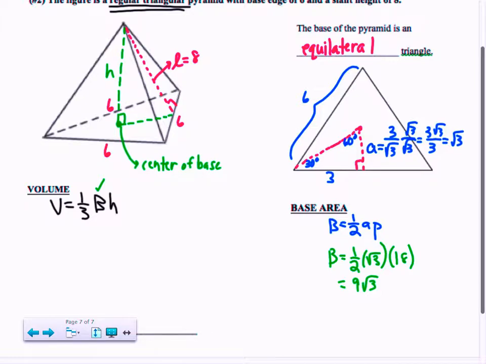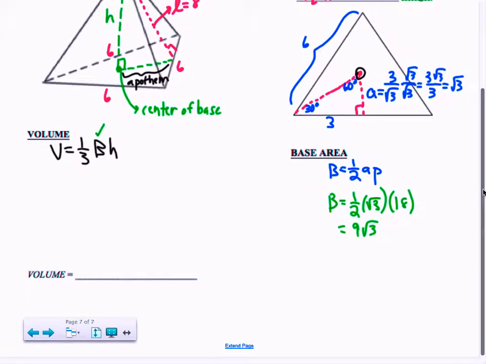What is that right there if that's the center of the base? Remember, this is the center of the base as well. So if you're saying this is the apothem right here, another prize for you. So what I'm going to do is pull that right triangle out and draw it on my paper over here.